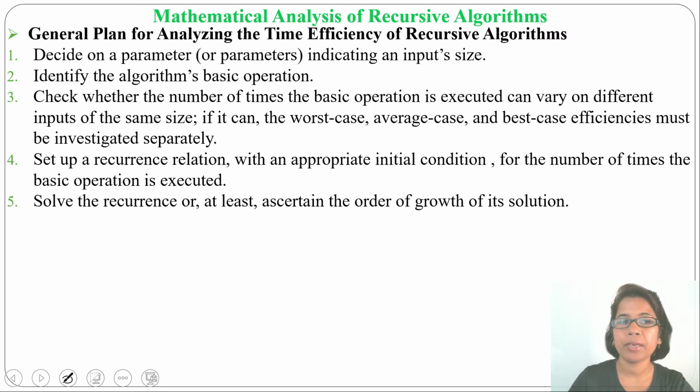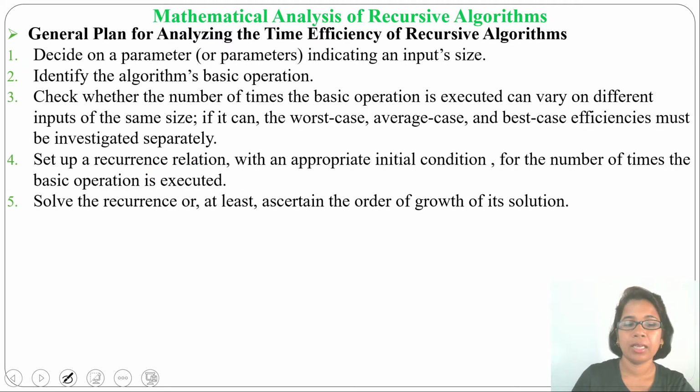If we compare with general plan for analyzing the time efficiency of non-recursive algorithm, the first three steps are same. Fourth step was set up summation expression, here set up recurrence relation.